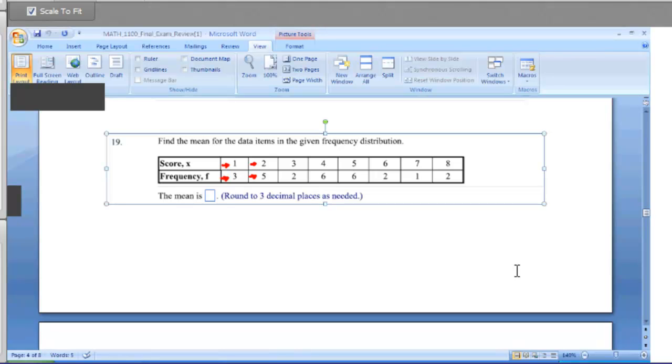So actually, whenever we're trying to find the mean, to find the total, we have to do 3 times that 1, and we're going to add, there were 5 2s, so 5 times 2, plus, and then there were 2 of the 3s, because it happened twice, and 6 of the 4s, and 6 of the 5s, 2 6s, 1 7, and 2 8s.